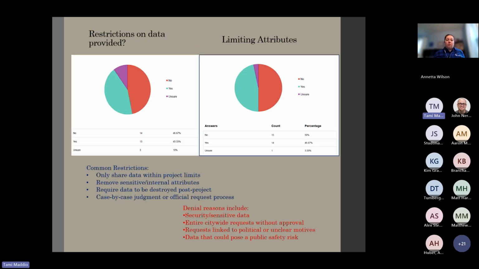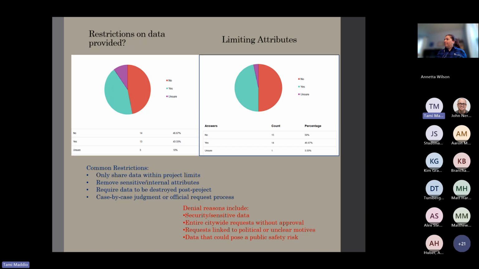Here are some summaries about what we're doing to restrict data. We all are pretty much doing something for the most part, and I summarized some of the comments that came through. Sharing data within the project limits, removing sensitive data. Some are requiring data to be destroyed after it's used. And again, this is very true with us, case-by-case judgment for each request coming in.